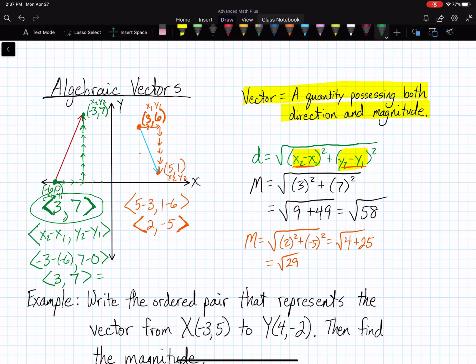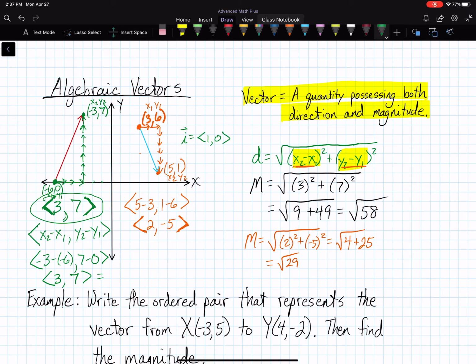Okay, so a unit vector, real quick, if you notice all these little arrows I wrote, notice each arrow, the magnitude was 1. Okay, so if it has a magnitude of 1, it is a unit vector. And we say all the unit vectors that go in the x direction, that is I. So vector I is equal to 1, 0.